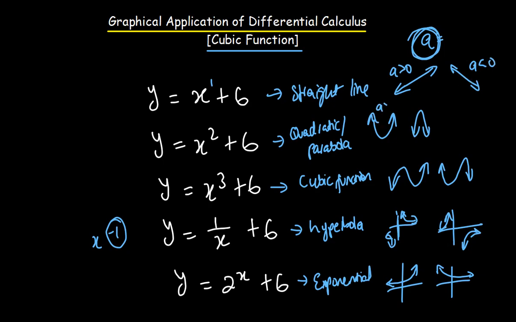Here if a is positive, this is the graph you will get. Here if a is negative, this is the graph you will get. Here it's when a is positive, and then here is when a is negative. Here it's a bit of a different story. Okay, story for another day.